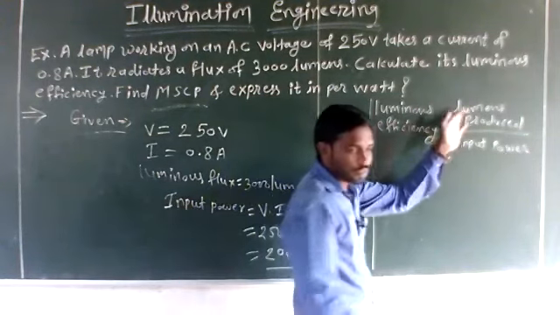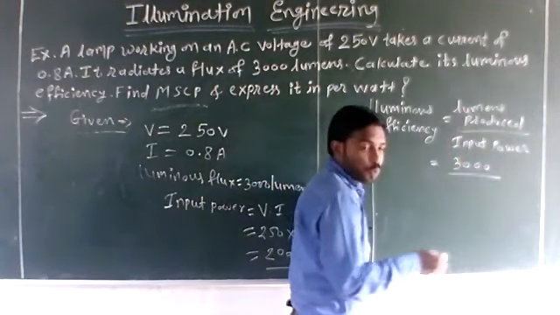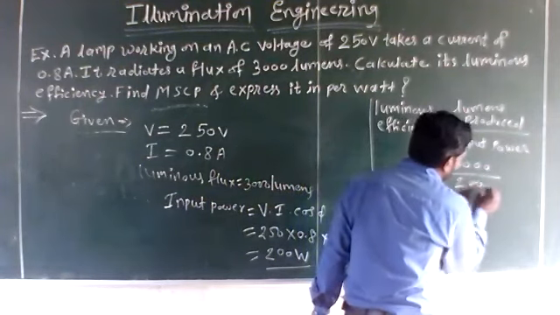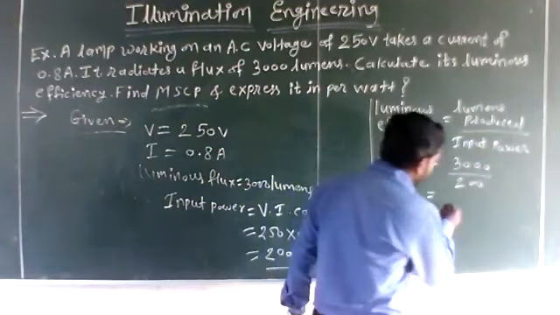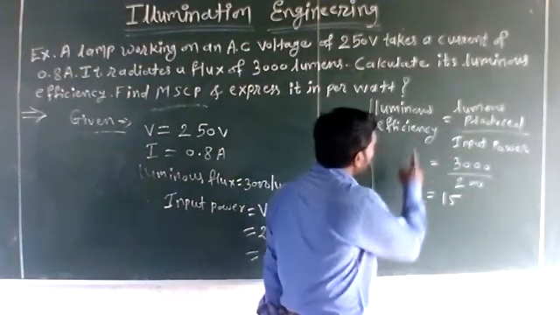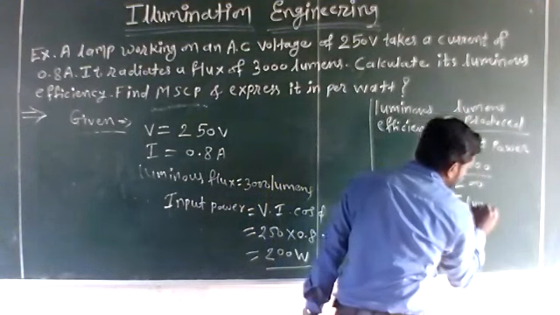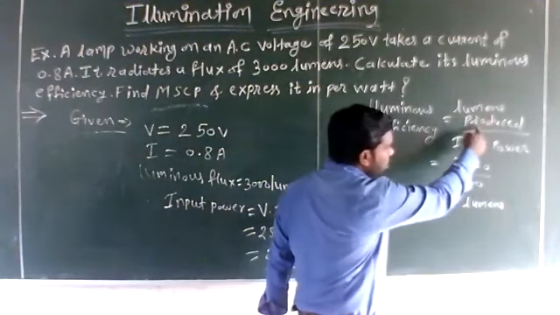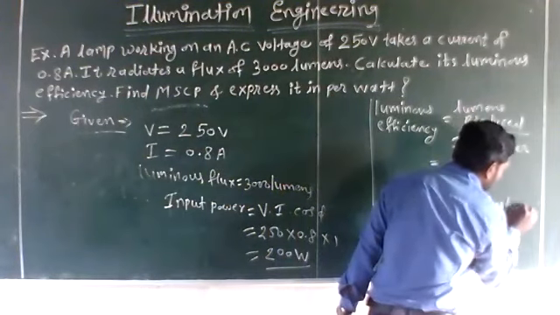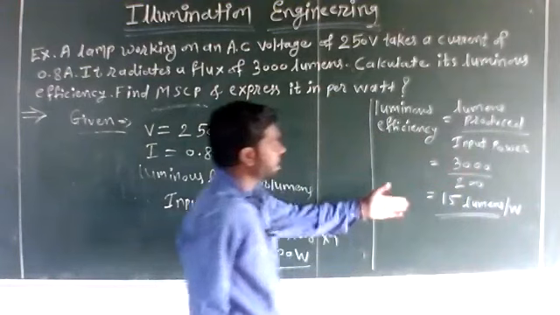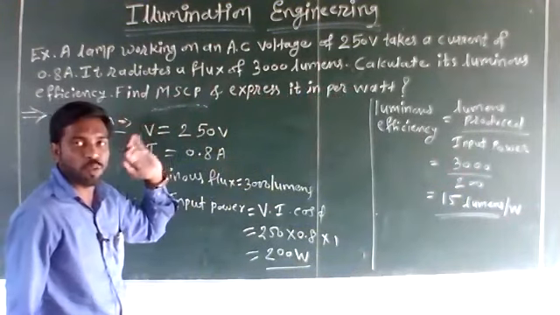So lumen produced is given 3000 to the input power. Input power is 200. So after solving we get 15, and unit of luminous efficiency is lumens per watt. Lumen is the unit of luminous flux, lumen produced, and watt is the unit of input power. So here is your first answer, that means luminous efficiency is equal to 15 lumens per watt.